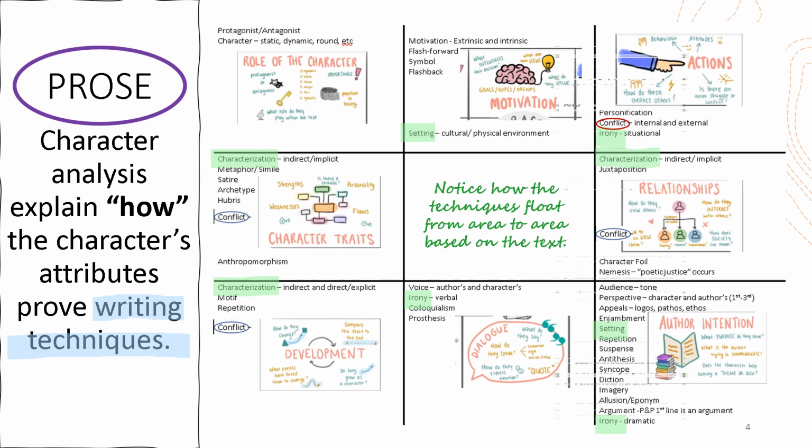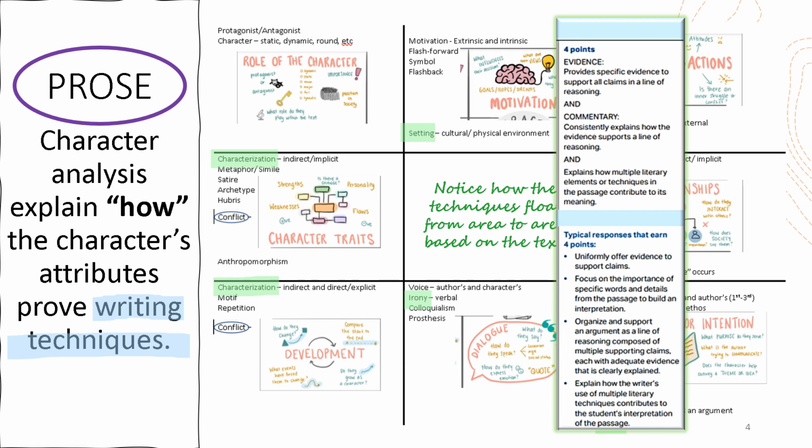When we take this information and apply it to the evidence and commentary, the evidence should be the literary devices or elements. There should be 2 to 3. With each literary device, each device should be in its own separate paragraph. Within each paragraph, there should be 3 examples.